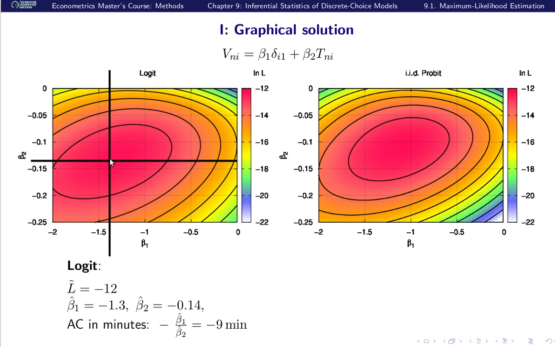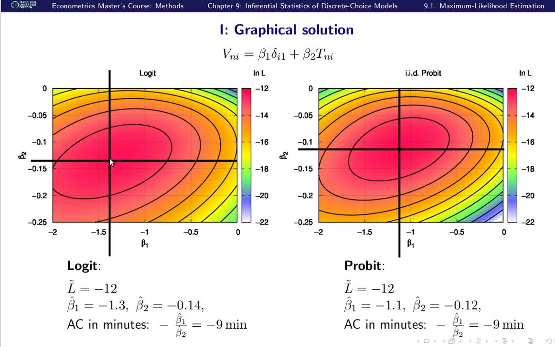So now we do the same for a probit. One sees that, because it's an IID probit, it's just identical standard normal distributed utilities. We see about the same log likelihood. That means the overall fitness of this model is basically the same as this. The parameters are a little bit different. They are smaller here, both beta 1 and beta 2.